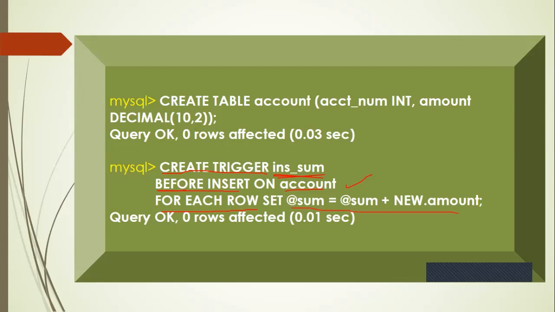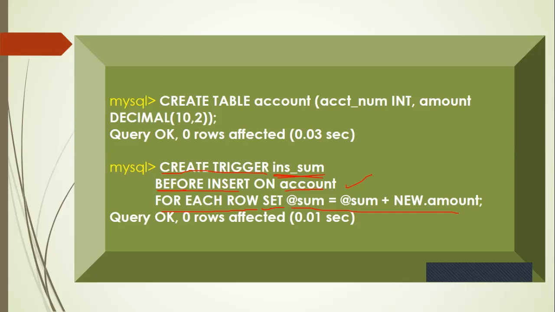It triggers to add this sum, that is nothing but add all the amount which is inserted. So here, what we are doing is, before inserting a row in the account table, we are setting that sum.